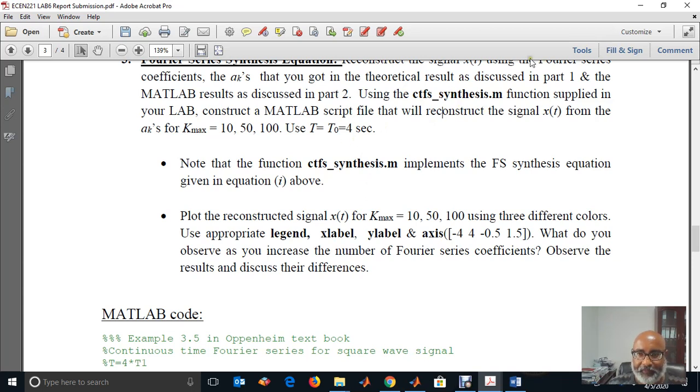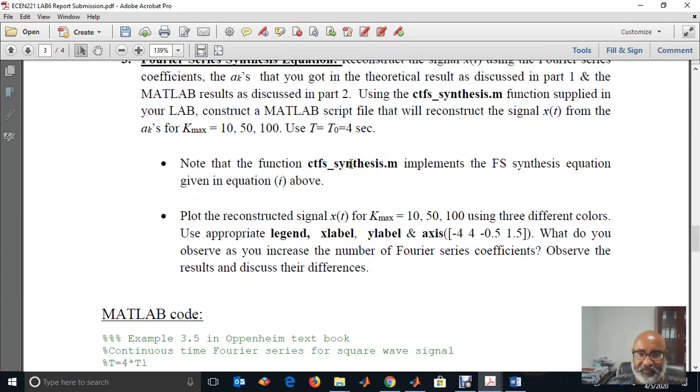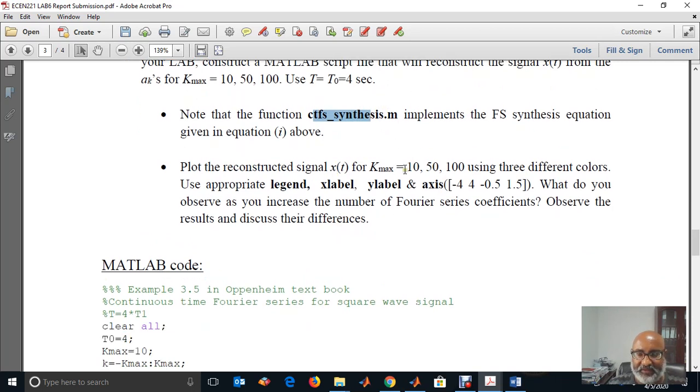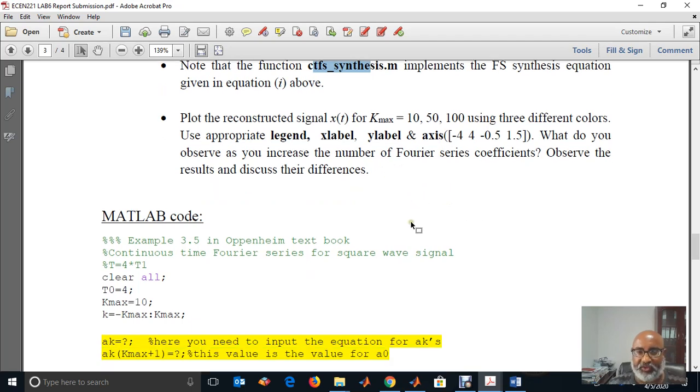So you will make a small script file, and in that script file, you will call this function CTFS synthesis, and then you will reconstruct the signal x of t from the a_ks, and then by varying k max, you will find different graphs, and you will be able to learn that when k max increases, we have better accuracy, or we are close to the theoretical result.